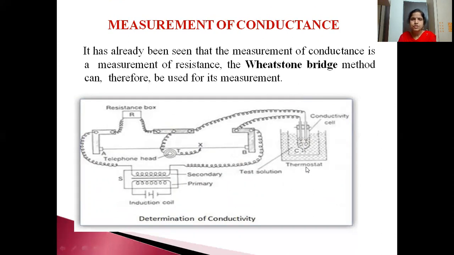Because the mobility of the ions depends on the temperature also, so we need to perform the experiment at constant temperature. The conductivity cell is connected to a resistance box.